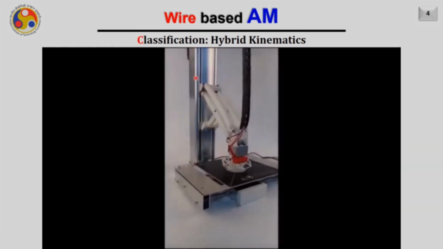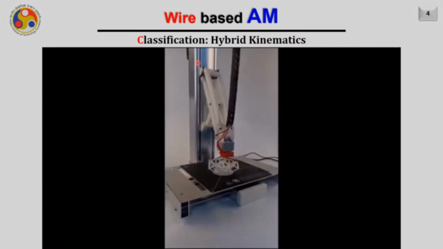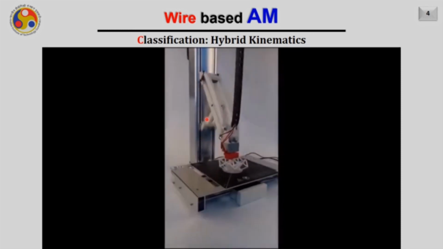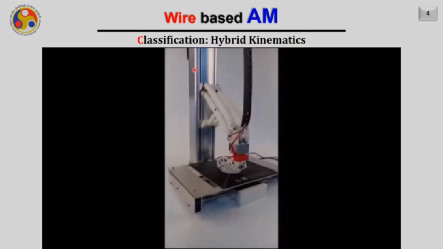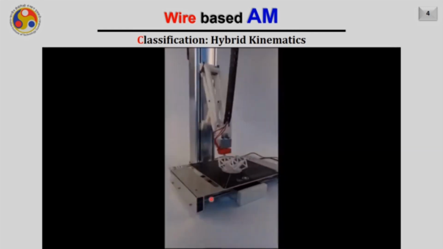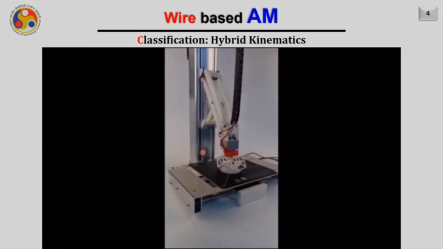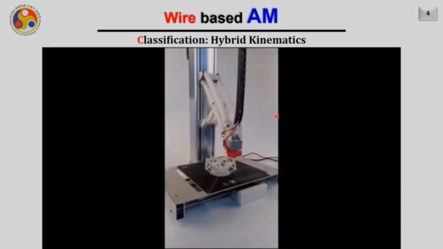But when both the ends of the Scott-Russell mechanism move together at a particular speed, then as a result we will get the z-axis also here. So here z and y-axes are obtained by the parallel kinematics, while the x-axis is obtained by the serial kinematics. So this is an example of hybrid kinematics.